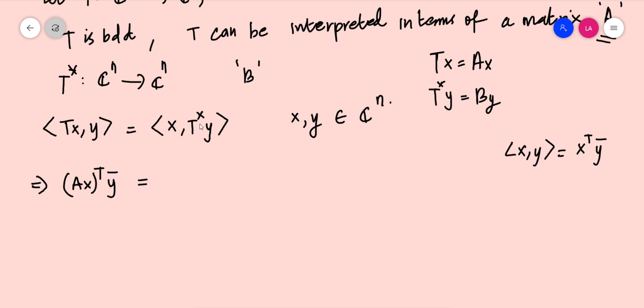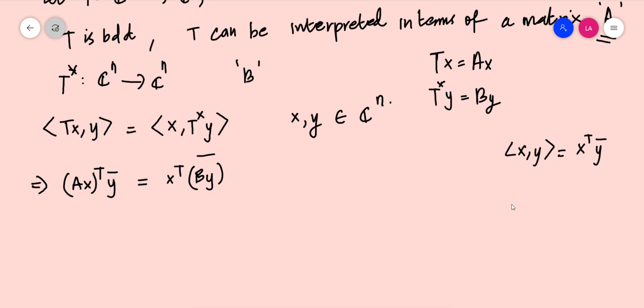Similarly, T star y is By because B is the matrix associated with T star. Inner product x, T star y can be written as x transpose, By the whole conjugate.